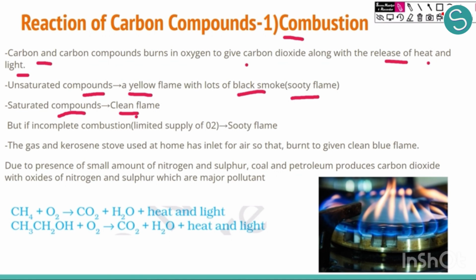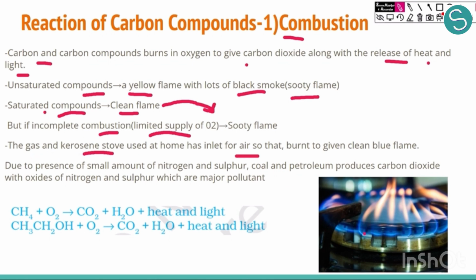But what if we do incomplete or partial combustion of the saturated compounds? What does this mean? That the oxygen supply has been cut and there is a limited supply of oxygen for the combustion of these saturated compounds. Then even the saturated compounds give us this sooty flame instead of the clean flame which they were giving earlier. The gas and kerosene stove which we use at home has an inlet of air.